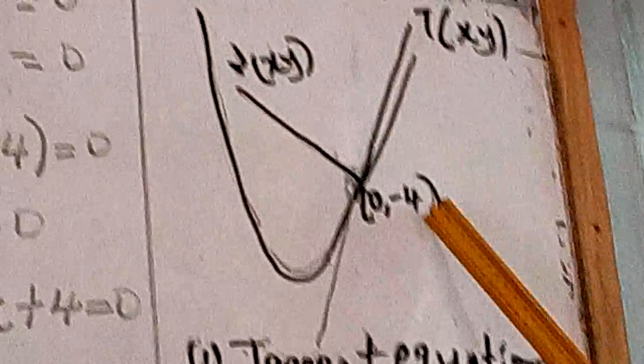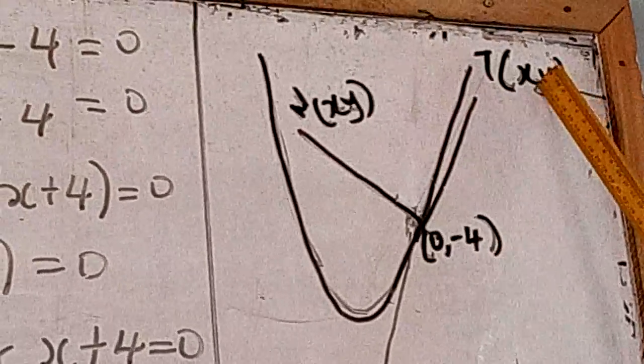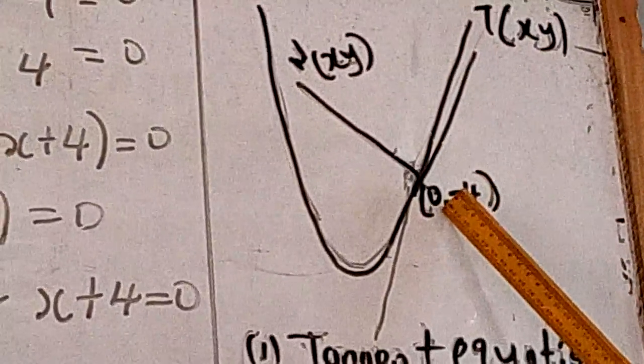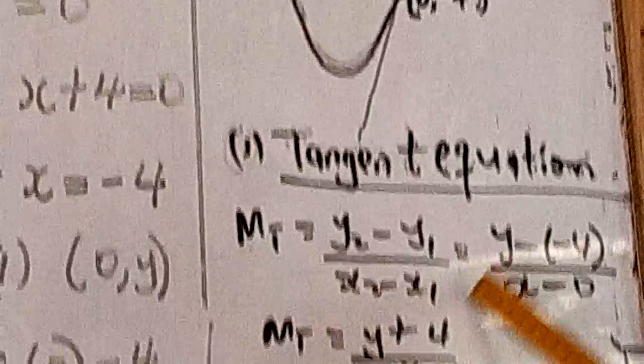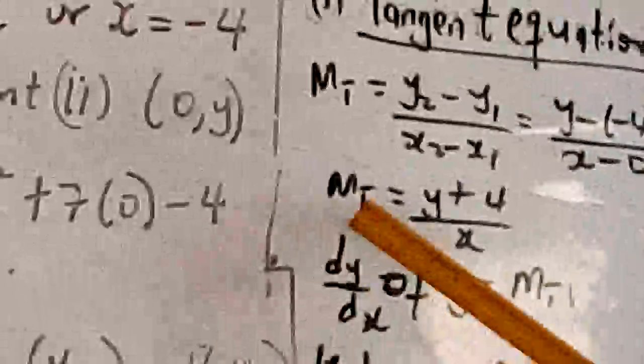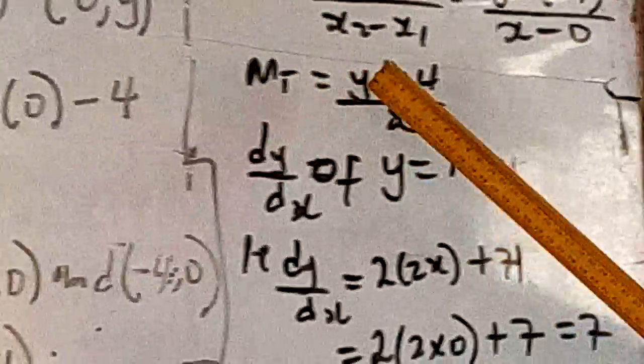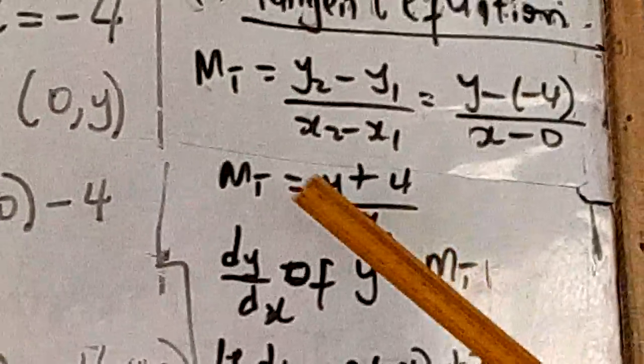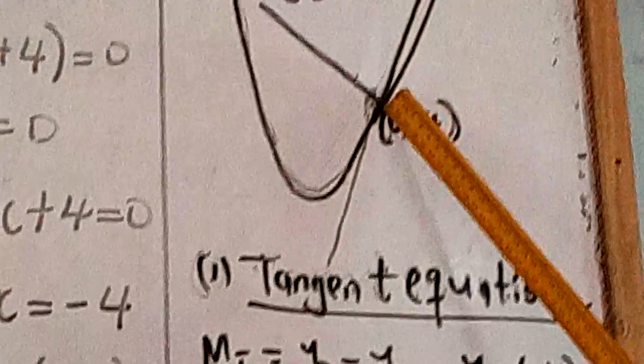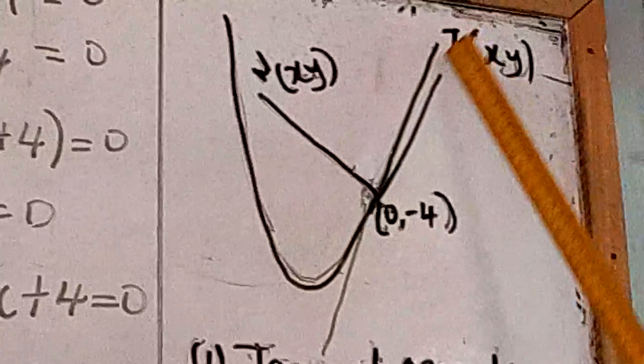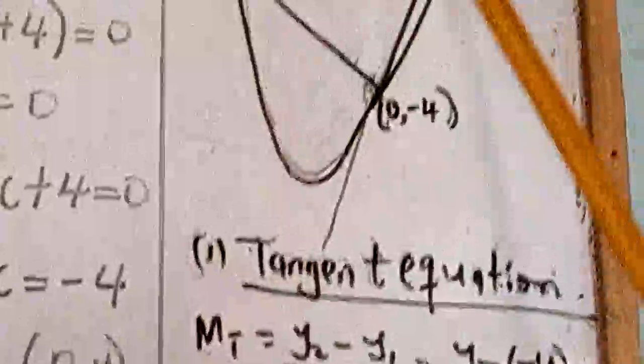In this case, our y2 is y and our y1 is minus 4. Our x2 is x and our x1 is 0. Substituting that in, we have the gradient of the tangent to be y plus 4 over x. But the gradient of the tangent is the same thing as the gradient of the curve at that same point, and the gradient of the curve at that point is dy/dx.